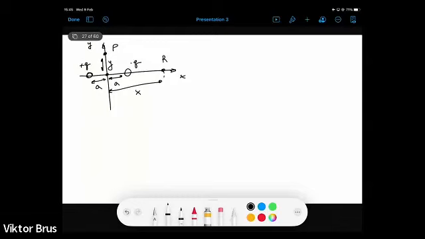So let's start first with this point P. So V_P we need to find.